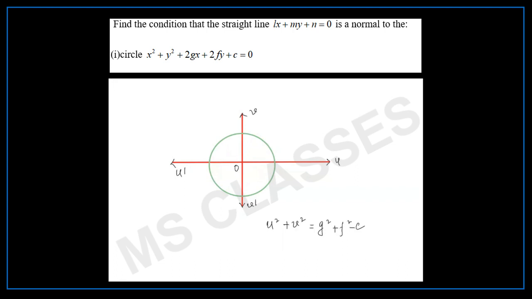We take this point as P, which is the point of contact u1, v1. Now here if we draw the normal, this must pass through the center of the circle because this is a tangent. Now here the normal line is actually representing what? Radius. Now radius will pass through the center.